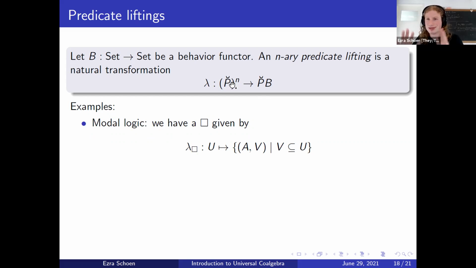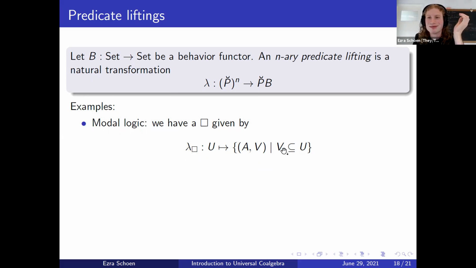Sorry, I was just distracted by the chat. Here we map a set U, or proposition U, to the set of those possible unfoldings where the set of successors is contained in U. This means all of the successors satisfy U. So this is a very different definition of the box operator.